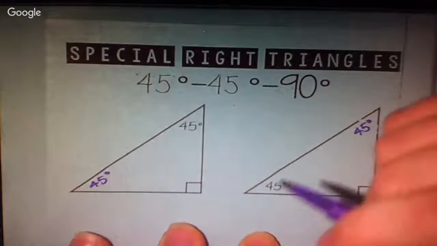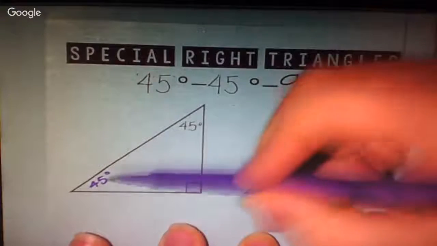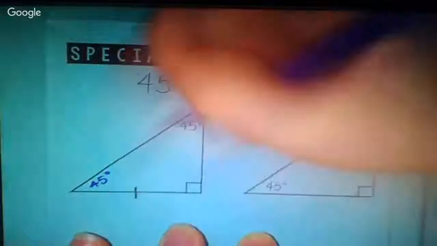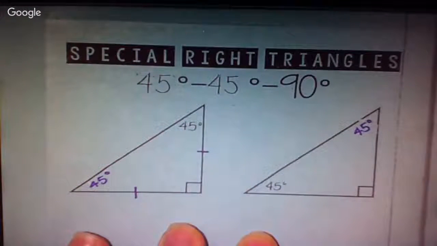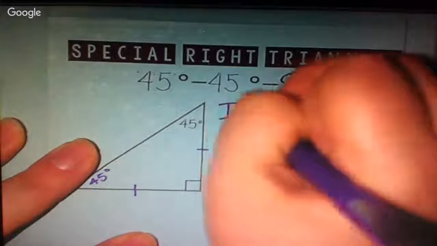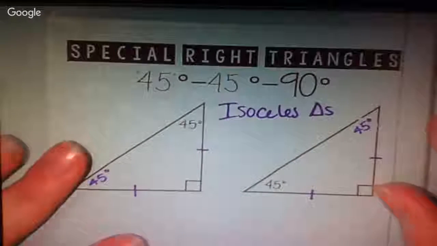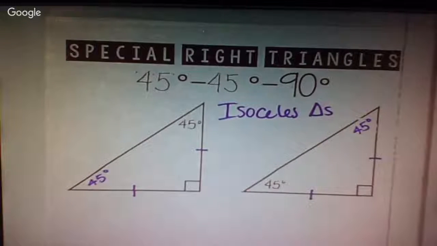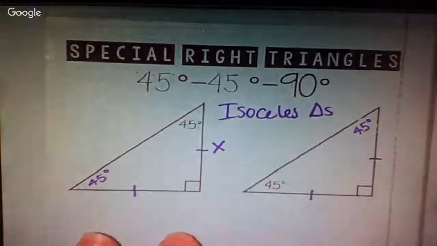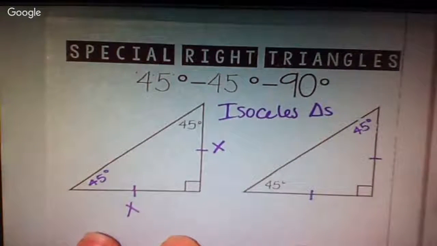Because these are 45 degree angles and they're the same, that means that the sides are the same. So these are actually isosceles triangles. So that means if this side of my triangle is x, what's the other side? X. Okay, now tell me this.